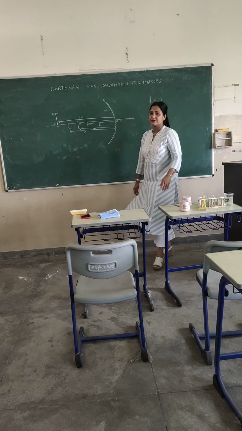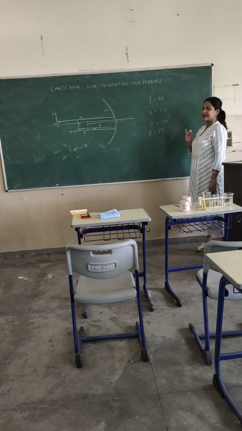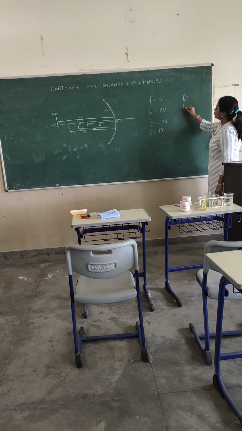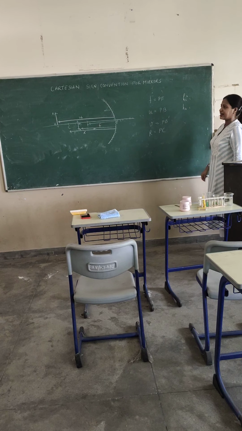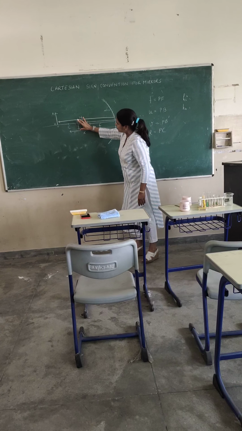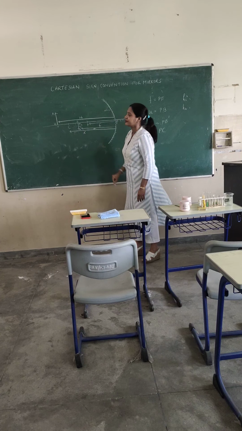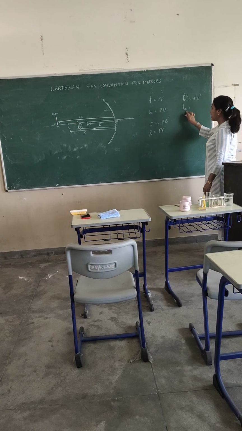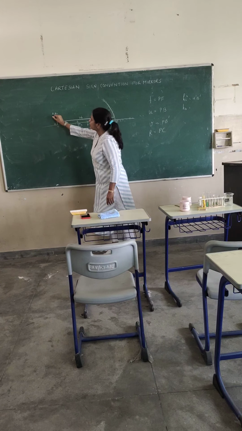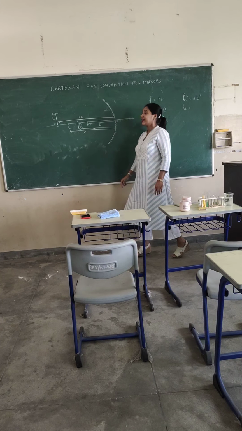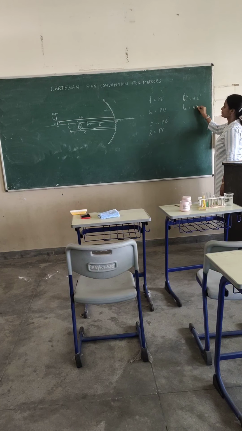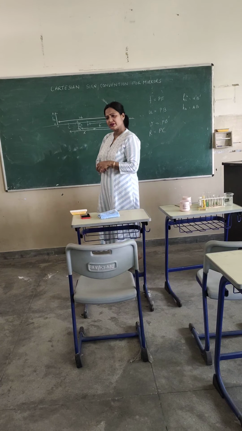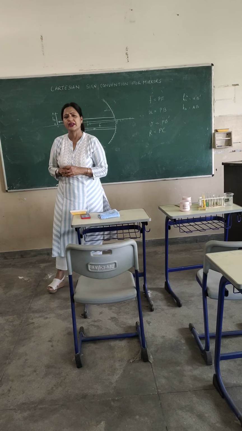Right? Then comes the second rule. Before we do the second rule, let's also see what these HI and HO are. HI stands for height of the image. This height of the image is denoted as A dash B dash. And HO is height of the object, which is denoted as AB. अब ऑब्जेक्ट की हाइट दी हुई है 5 सेंटीमीटर, प्लस 5 लेना है या माइनस 5 लेना है.